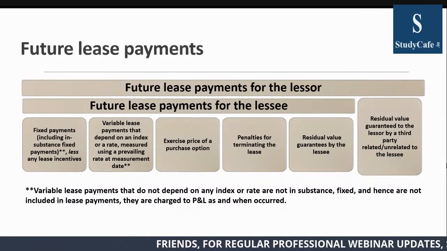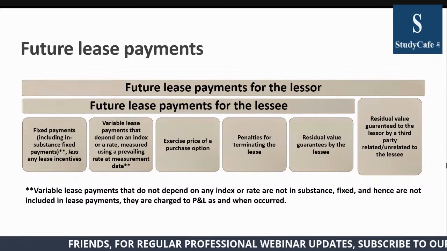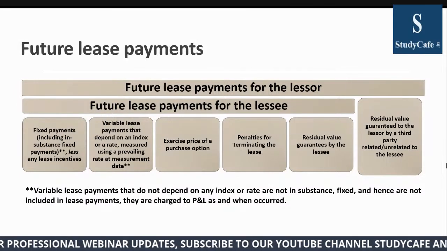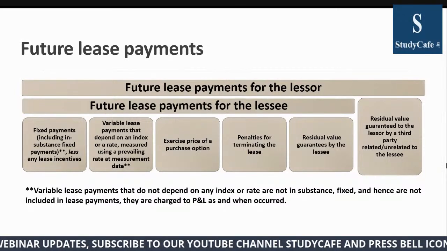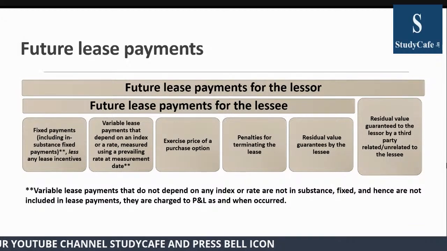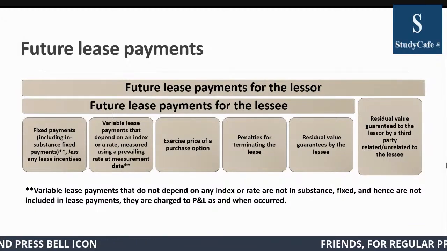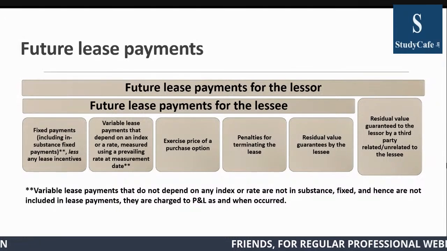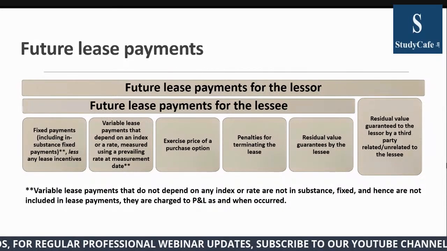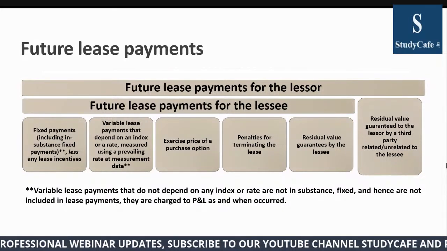So there are just five components from the perspective of the lessee: fixed payments, variable payments dependent upon an index or a rate, the exercise price of a purchase option if the lessee is going to exercise it, the penalties of the termination clause if the lessee is going to exercise the termination option, and the residual value guaranteed by the lessee. These five components make the future lease payments for the lessee.